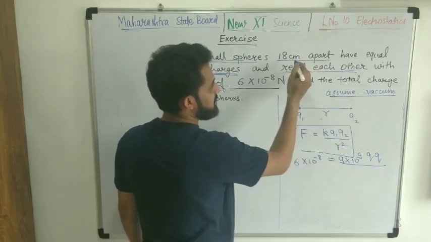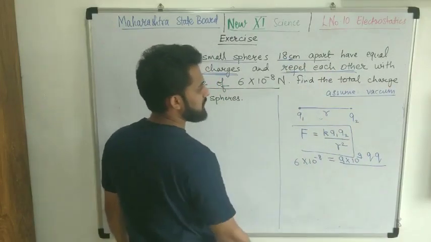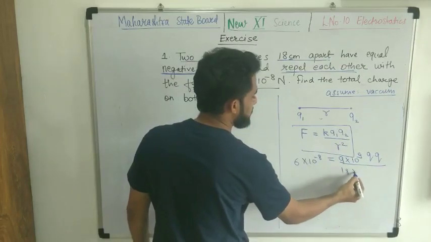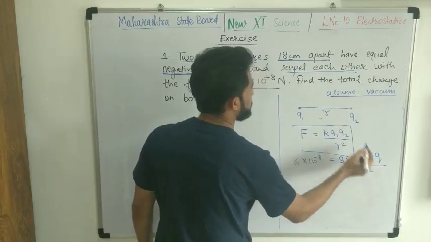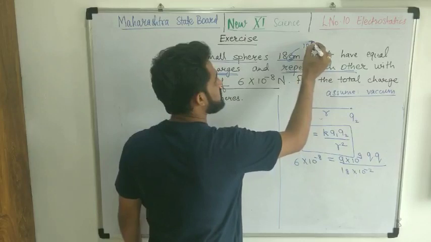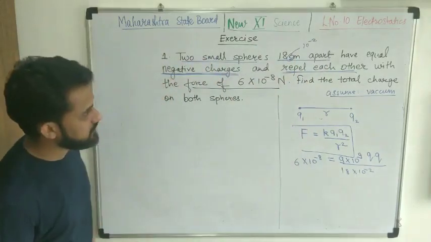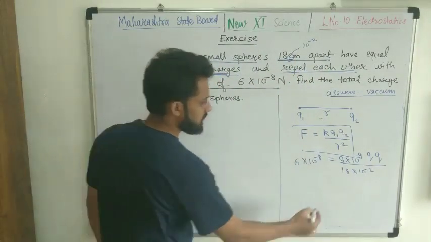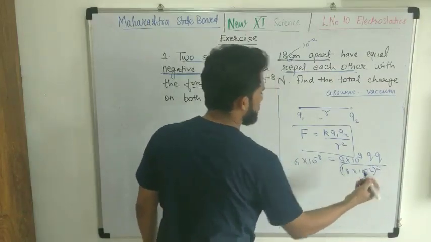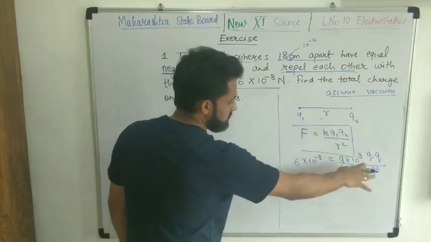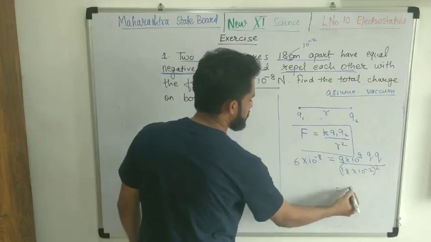It is in centimeters, so while converting into SI, it will become 18 times 10 to the power minus 2. The prefix centi stands for 10 to the power minus 2. The whole square. And after simplifying this term, Q into Q is Q squared.